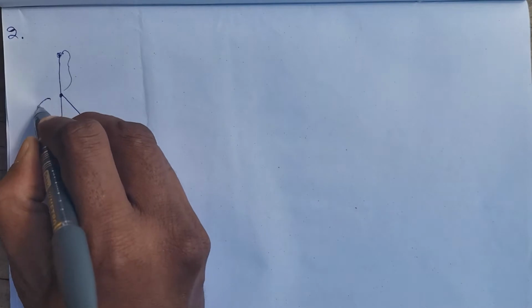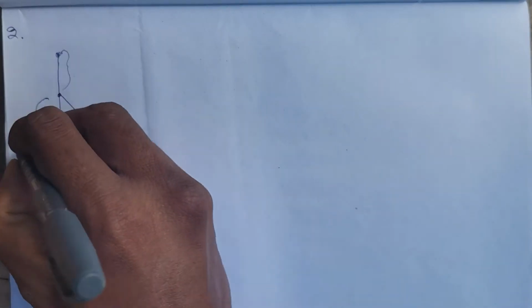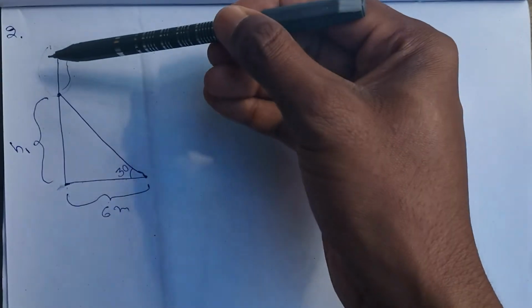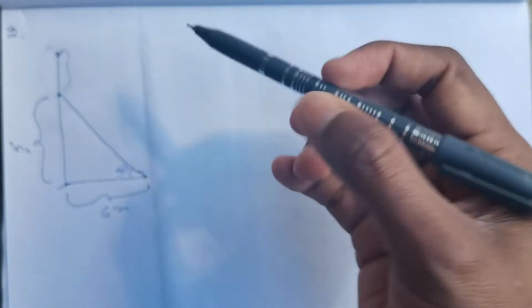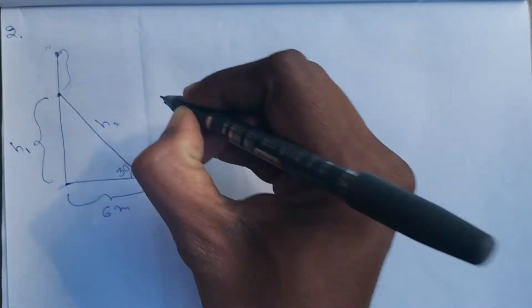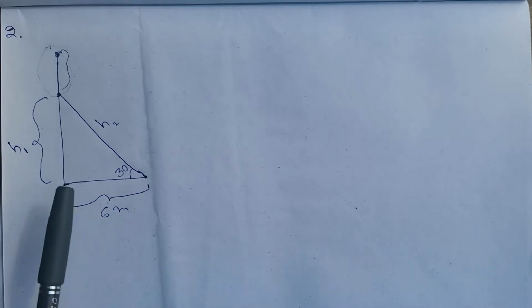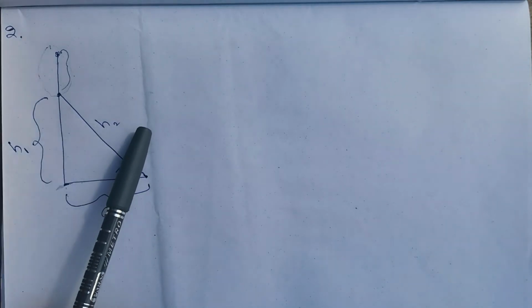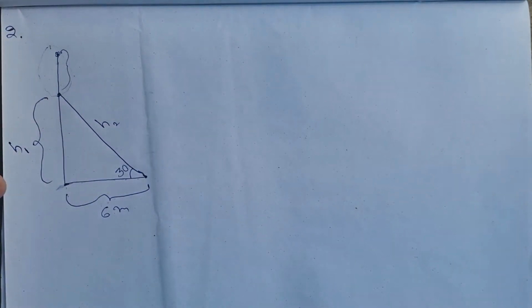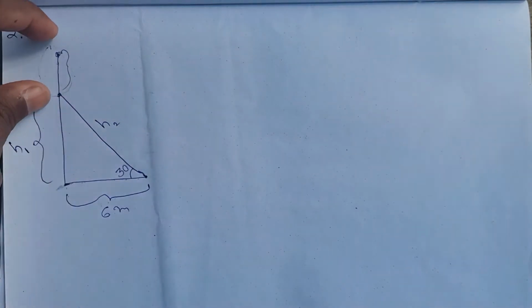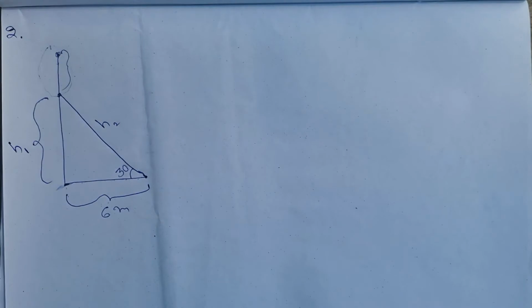So this is the height of the tree which remains after it fell down, H1, and this part is also part of the tree, but now it is lying here, so I'm writing it as H2. We want to find the height of the total tree. It means we need to find H1 as well as H2, because H1 is a tree only, and H2 is also a tree only which fell down from here.